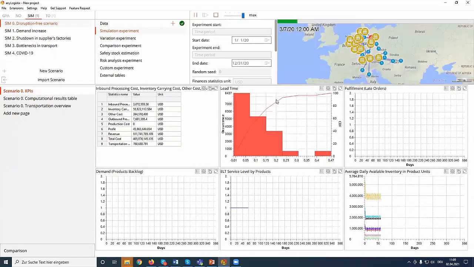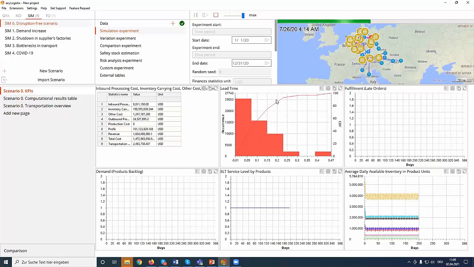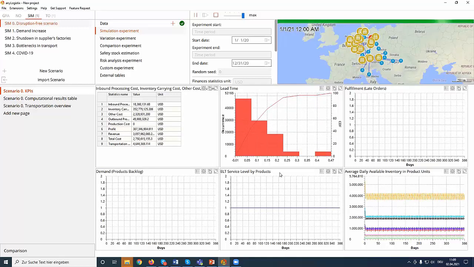And so, speeding up our simulation a little bit, we can see that in a business as usual scenario, the supply chain operates very well: on-time delivery 100%, no late orders, lead time at maximum half a day, and very stable inventory dynamics, right?